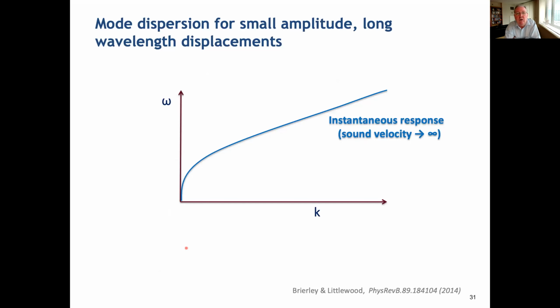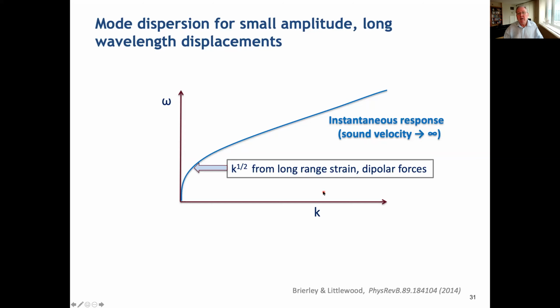Turns out if you work out that mode dispersion, and we'll do it in a case where, if you like, the velocity of sound is infinite, then you get a dispersion curve omega of k, which is actually a square root. That square root comes both from the dipolar forces and from the long-range strain. But particularly from the long-range strain, you notice that this has this tsunami-like dispersion, so the group velocity gets larger and larger as k gets longer.